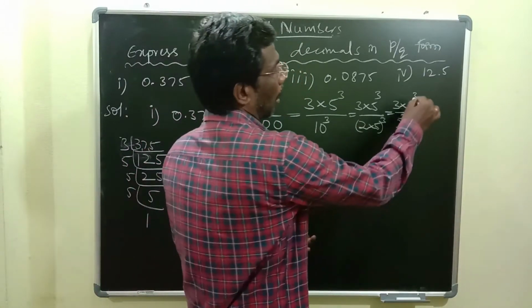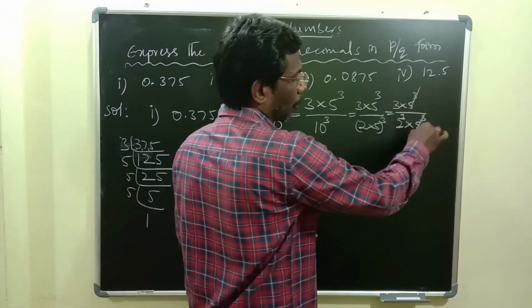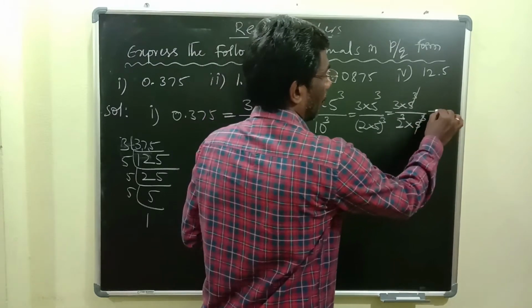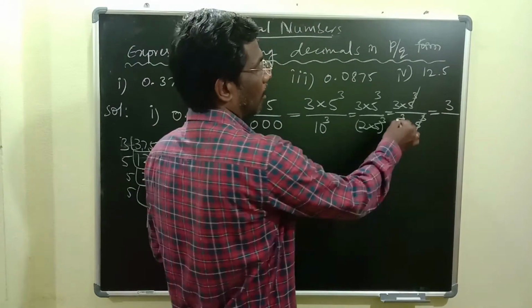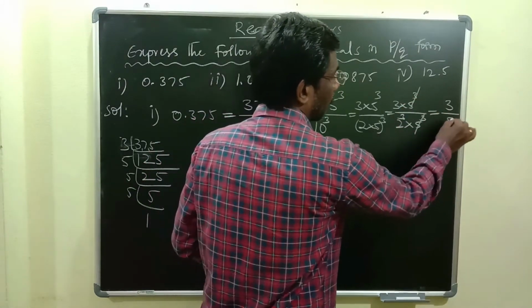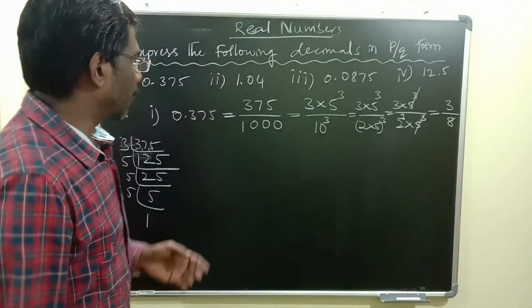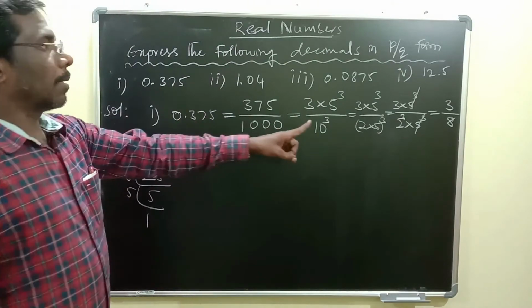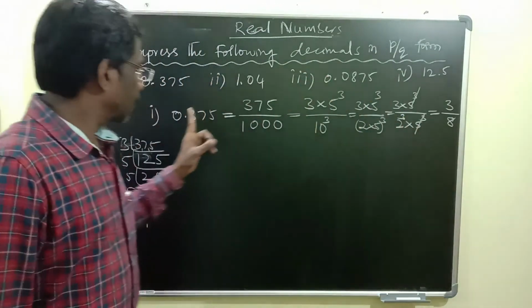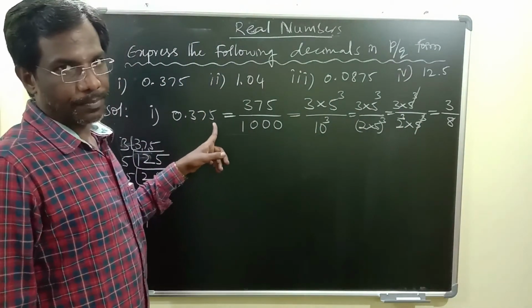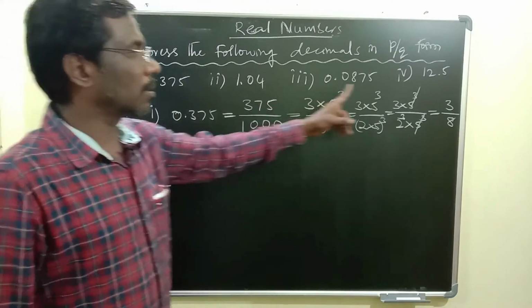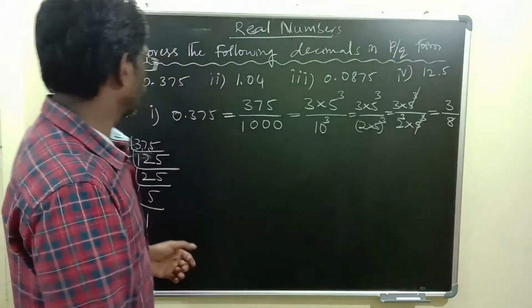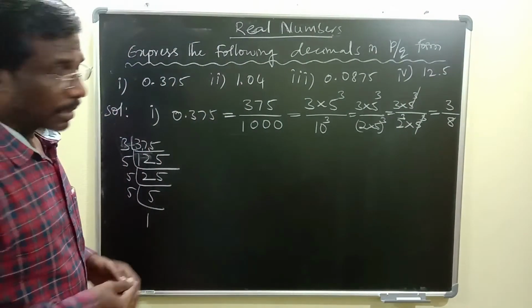Then the common values, 5 cube gets cancelled. The remains in the numerator is 3, in the denominator 2 cube. 2 cube is what? 8. So therefore the p by q form of 0.375 is what? 3 by 8.